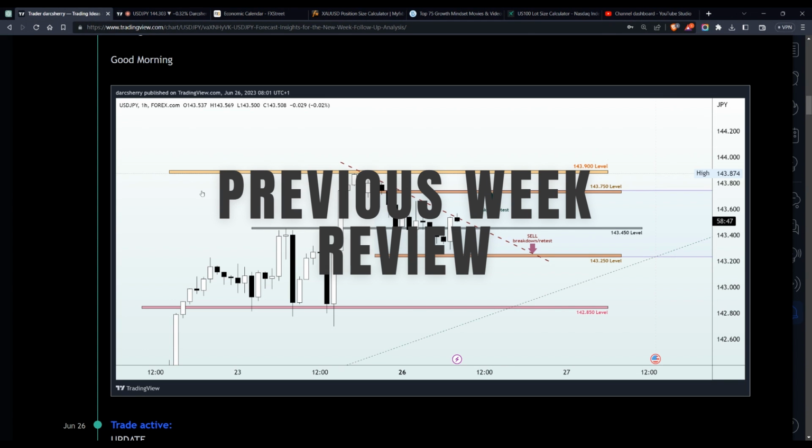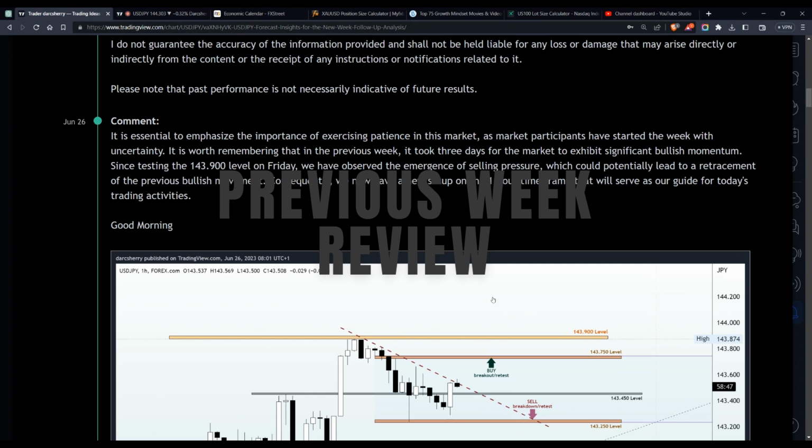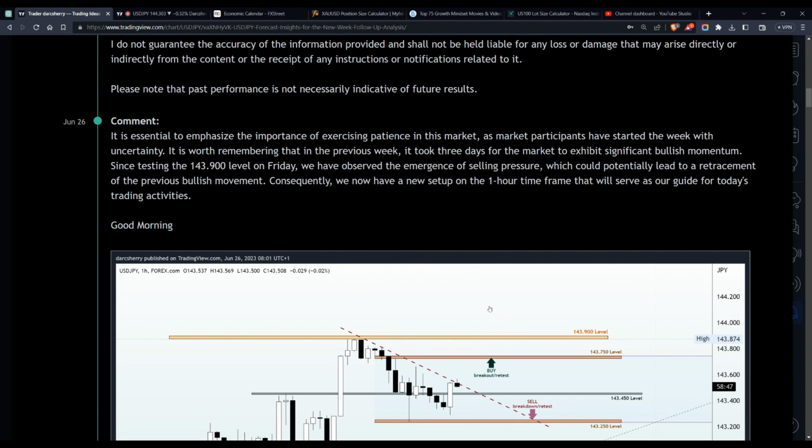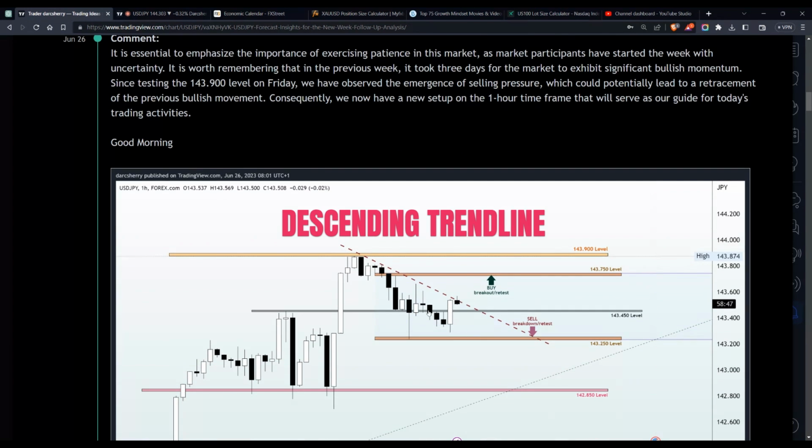So, talking about last week's trading session, it was more of a bearish expectation at the beginning of the week after noticing lower highs within that range we identified around the 143.900 level and the 143.250.